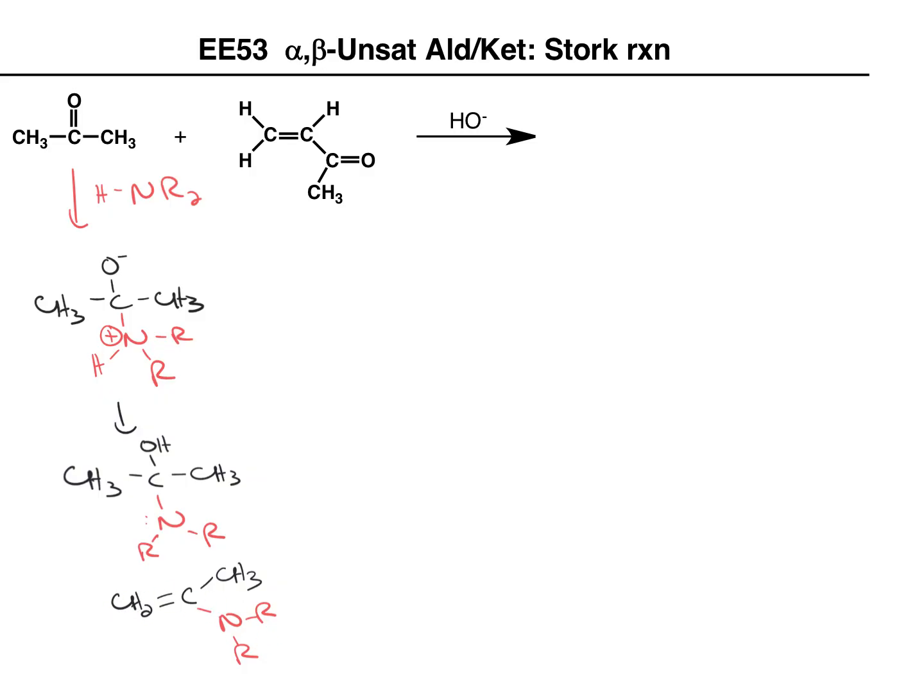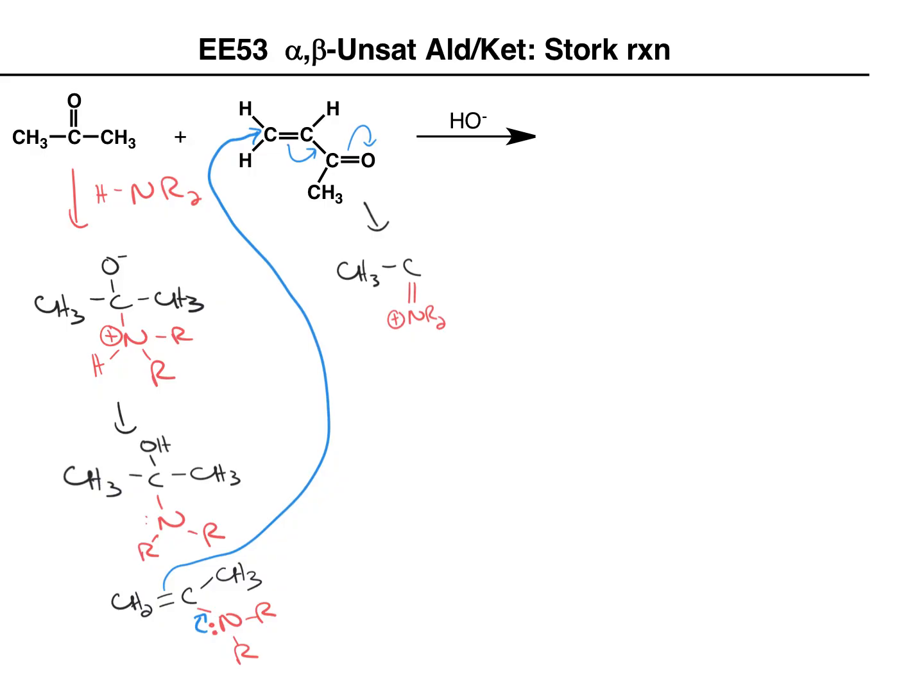Now, if we react this with the alpha beta unsaturated ketone, let's imagine that these electrons come in here, pushing these electrons here, which pushes these electrons here and these electrons onto the oxygen. So that is going to give us our CH3 connected to our C, which is connected to the NR2 plus.